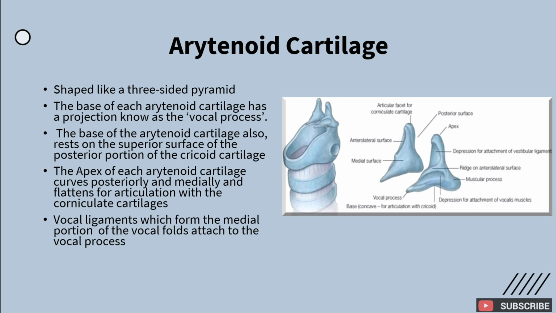The apex of each cartilage curves posteriorly and medially and flattens for articulation with the corniculate cartilage. The vocal ligaments, from which the medial portion of the vocal folds attach to the vocal process.